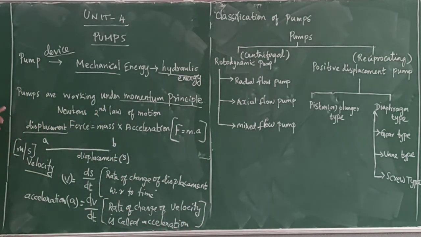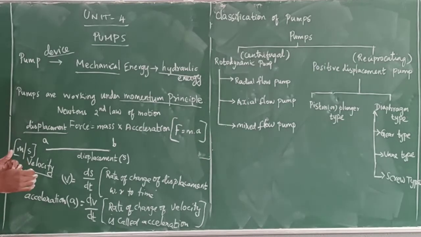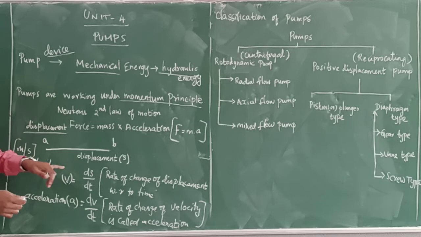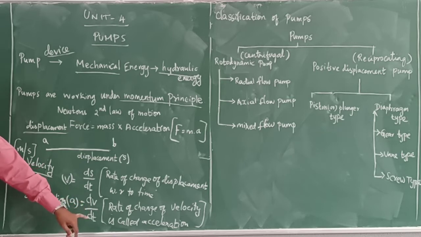So first, displacement is when an object moves from one place to another place; the distance moved by the object is known as displacement. Next, velocity is the rate of change of displacement with respect to time. And acceleration is the rate of change of velocity with respect to time.